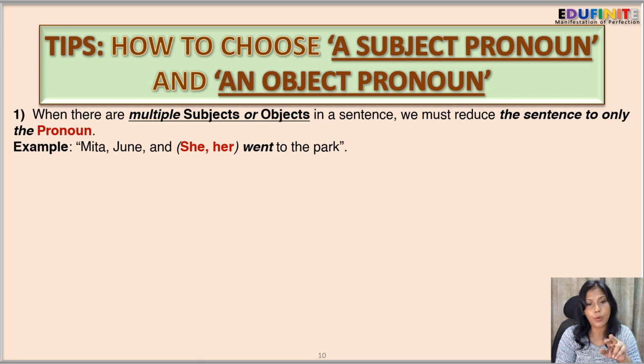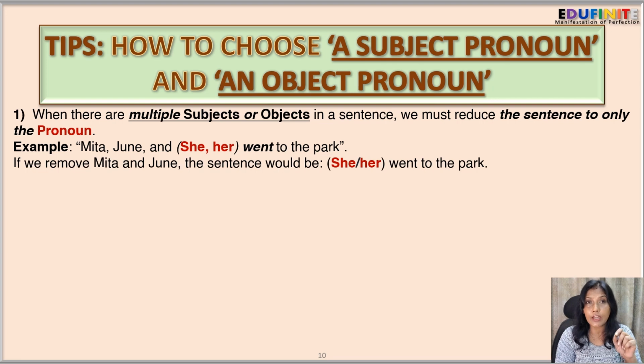She or her went to the park. Whether it's Meeta, June and she went to the park, or Meeta, June and her went to the park. If we remove Meeta and June, the sentence would be either, she went to the park, or, her went to the park.